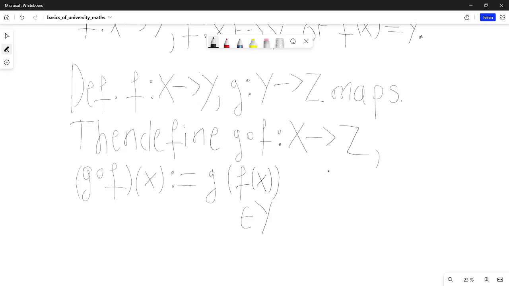Well, this is a legitimate element of Y, just written in this funny way because we want to specify what that is. Well, to that we can apply G, of course, because that is just a legitimate element of Y, and G takes elements of Y and assigns to them elements of Z, so this is in total an element of Z.